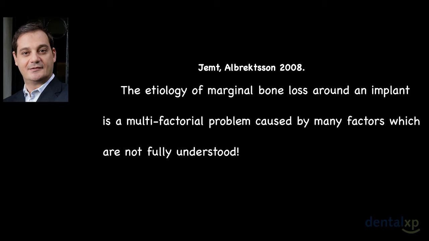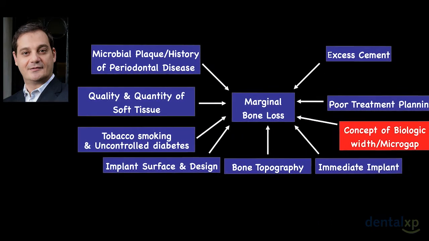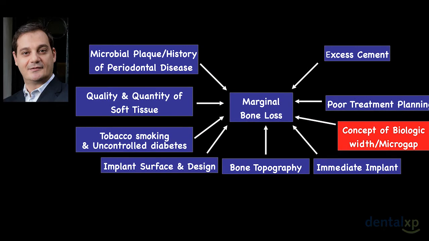And again, I agree with them. That's how I used it in the breakdown of the factors leading to peri-implantitis. If we start with the concept of biological width or microgap, that is a physiological concept, and we can see that it will lead to peri-implantitis. What I mean by that is it will expose the roughened surface to the environment.